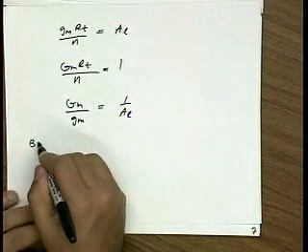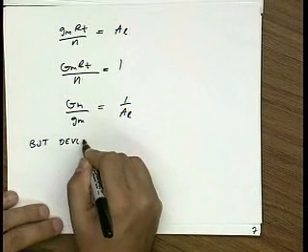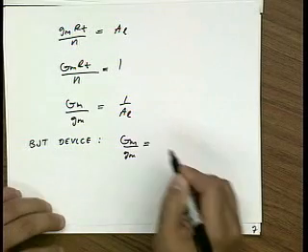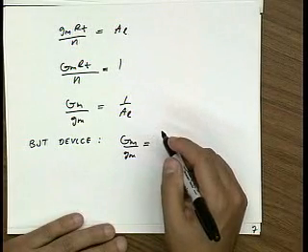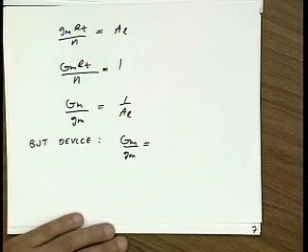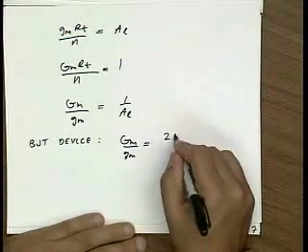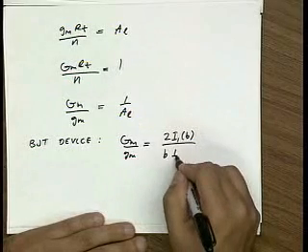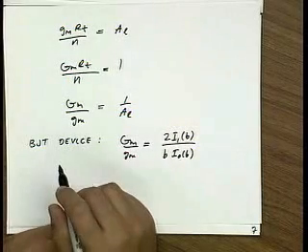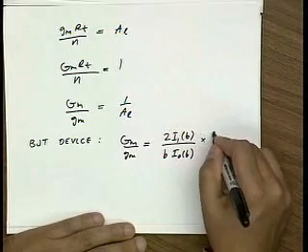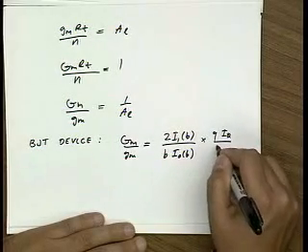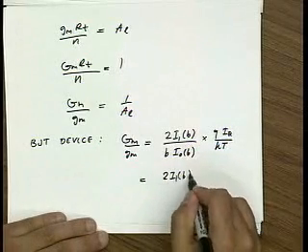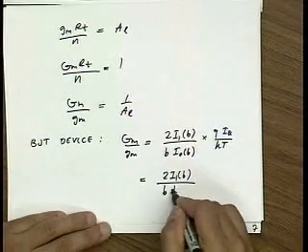For a BJT device, capital GM over little gm is basically 2 I1(B) over B I0(B) times Q over KT. Actually, it just simplifies to I1(B) over B I0(B).